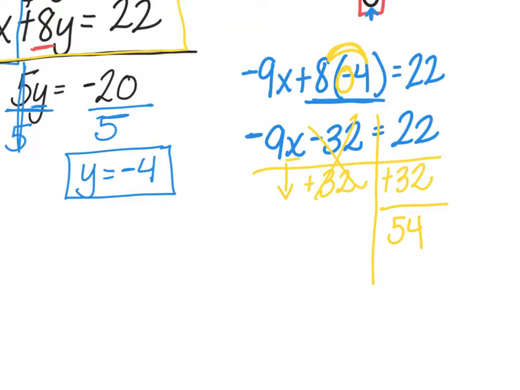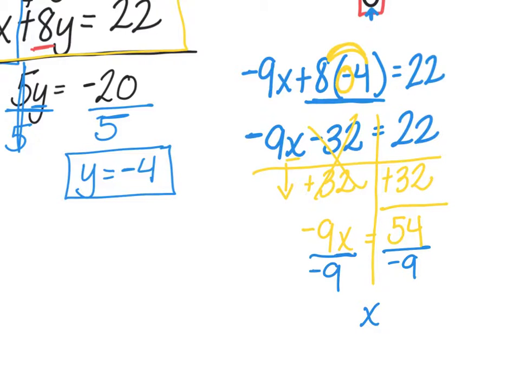I'm going to bring down, make sure you remember it's a negative 9x. And then I'm just doing my t-chart work. I'm still trying to figure out x. I have a negative 9 times x, so to get rid of that negative 9, I'm going to divide. Again, this is just basic t-charts that we've been doing since the very beginning of the year. I told you that they were important and they never go away.